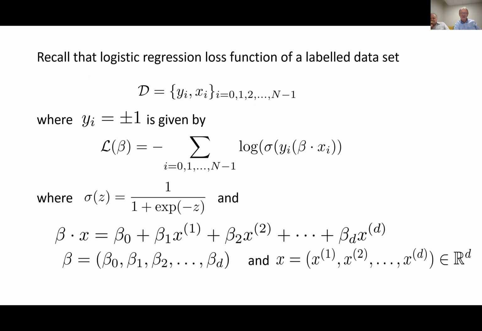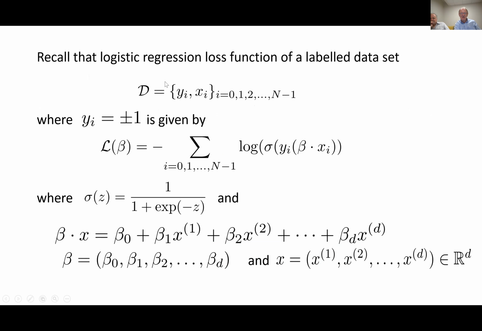But how would we do that? Suppose we couldn't figure out how to do that by just eyeballing it. We want to do a logistic regression. So we would have to write up our logistic regression loss function, and that is what we defined last time.